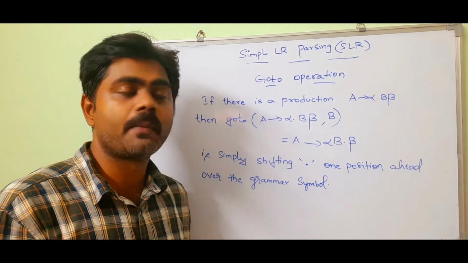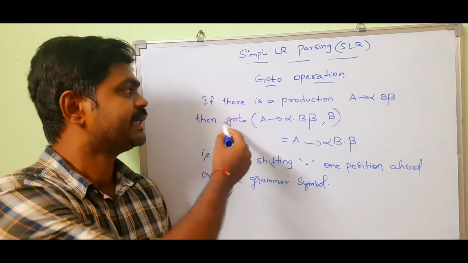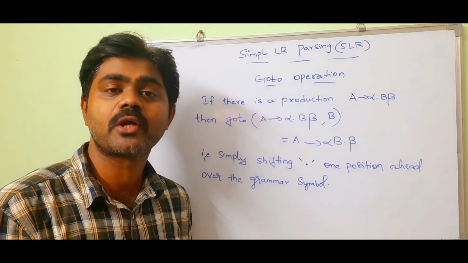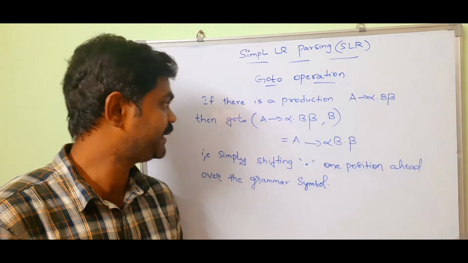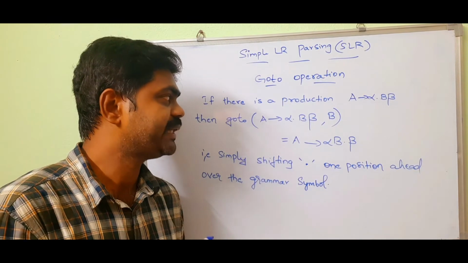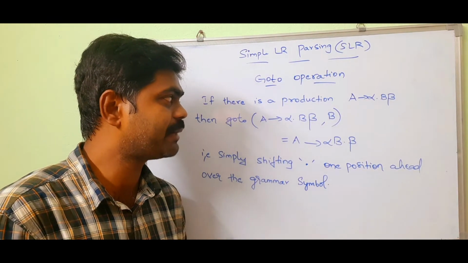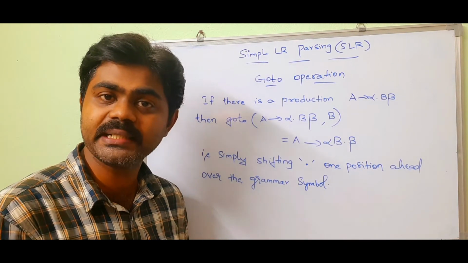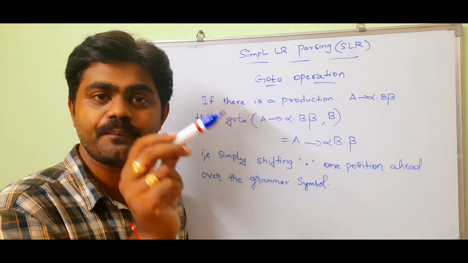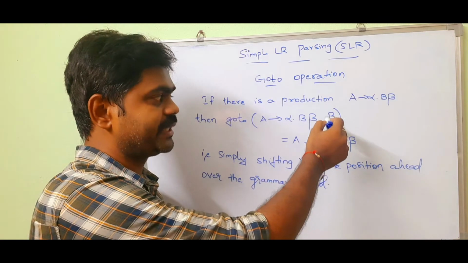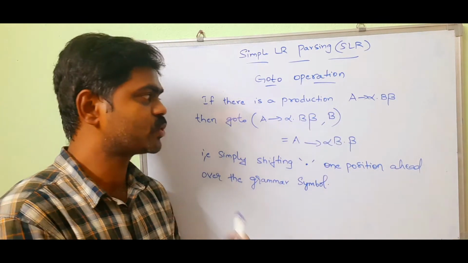So next is the goto operation. What is the goto operation? Let us assume that we have a production A tends to alpha dot B beta. Then goto of A tends to alpha dot B beta comma B. Here we are specifying the dot to move towards B. So what happens?